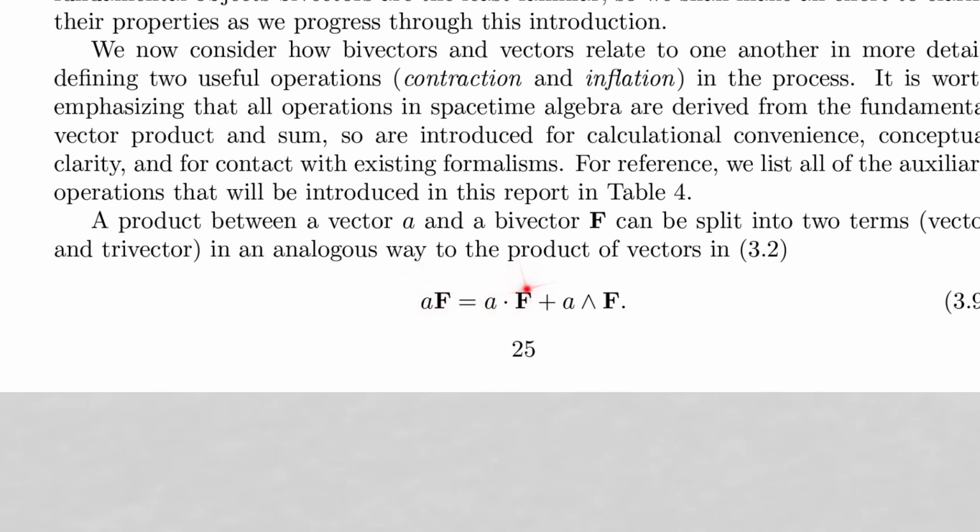This is considered the contraction and inflation piece, and they're introduced just to help us understand this product. But they have to be understood, and you have to be able to calculate this and this to build this. It's a way of getting us to ultimately building the space-time product. That's kind of what they're saying there.